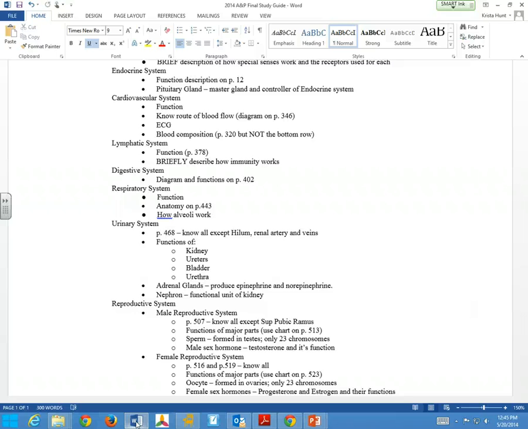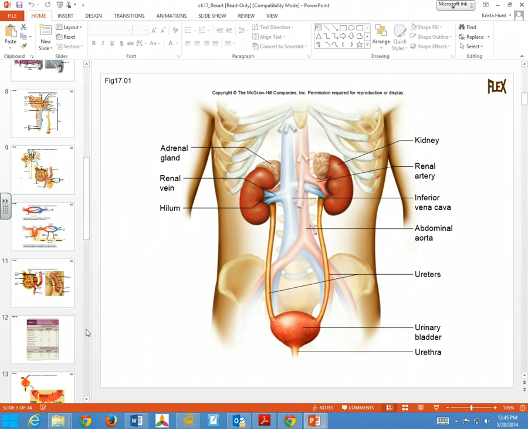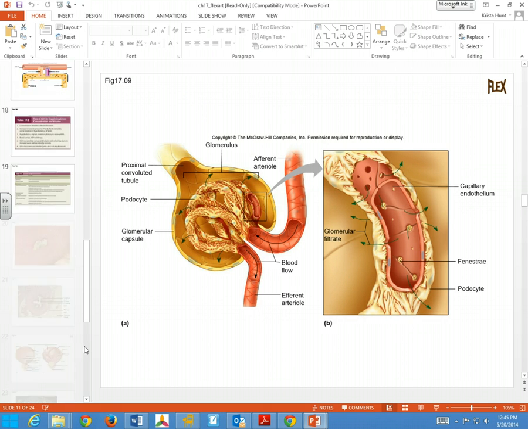Maybe they don't talk about it here. How about you just know that they do those two things? And I'll find it here for you. I thought it was here in this chapter. Epinephrine and norepinephrine. Yeah, we'll talk about those.